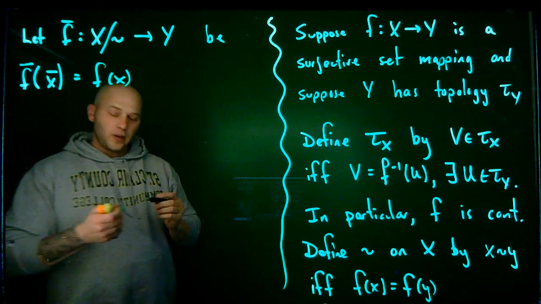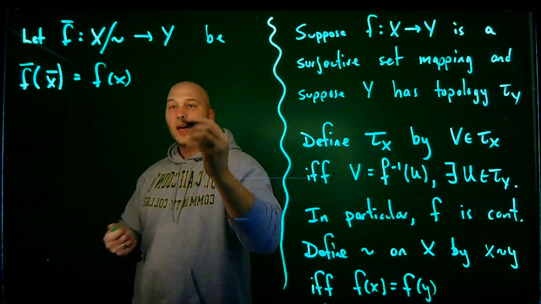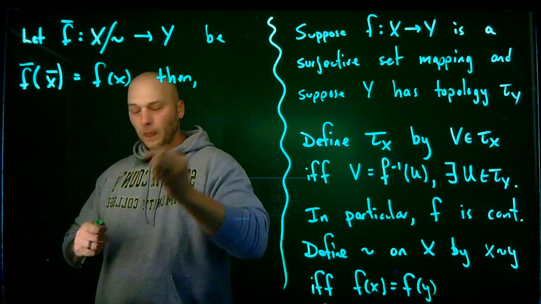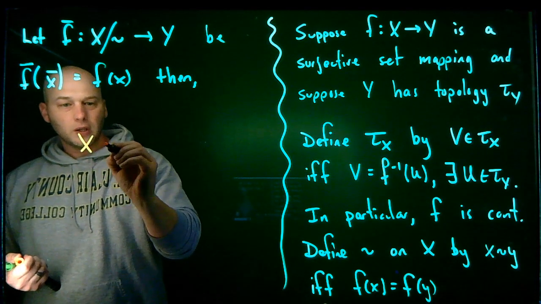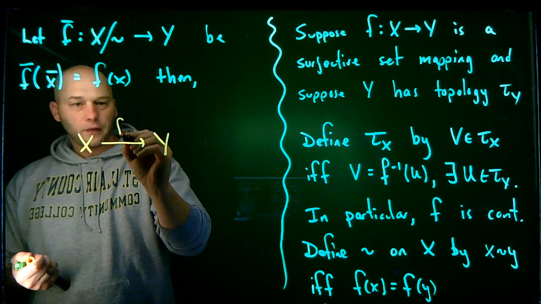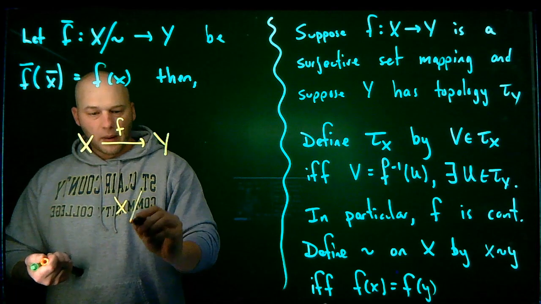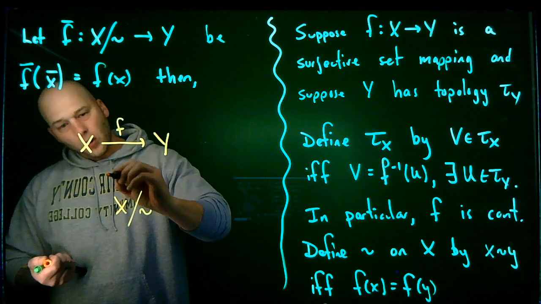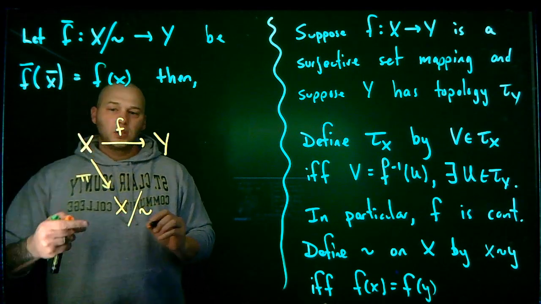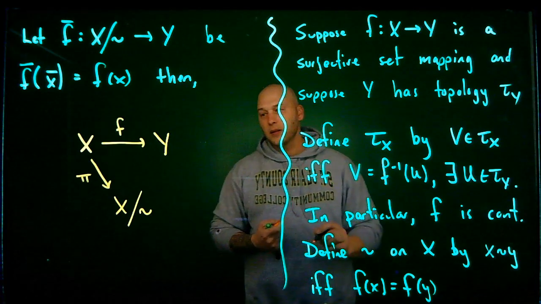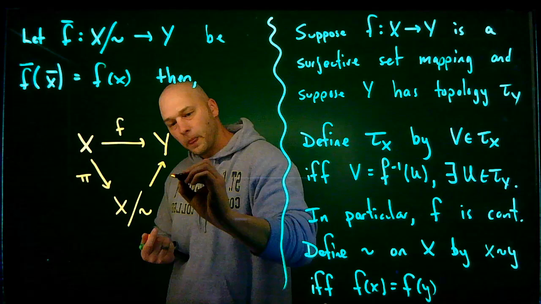So what I have is this mapping from a quotient of X to Y. Here's the diagram that I have. I started with this mapping from X to Y via the function f. Now I have a quotient of X, so X modulo the equivalence relation, and of course the quotient mapping defined by pi, which takes an element of X to its equivalence class. What I just defined here was the induced function f bar.